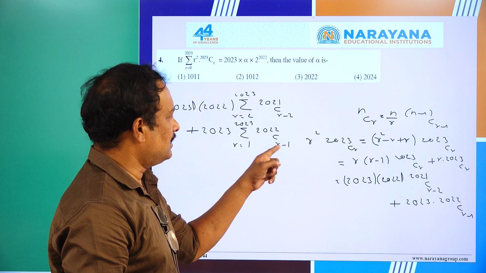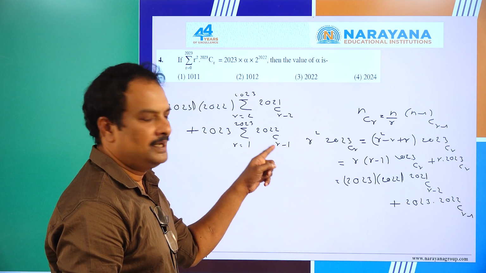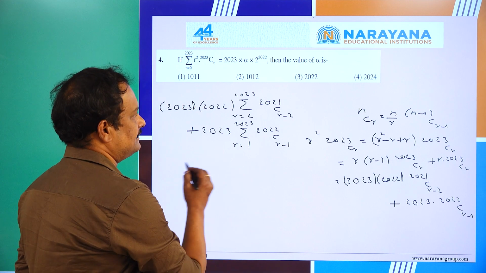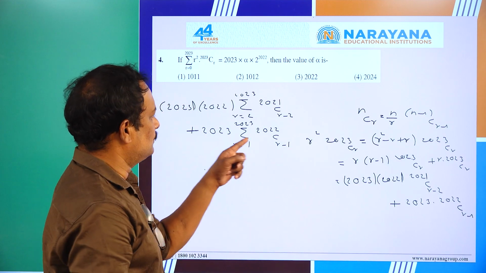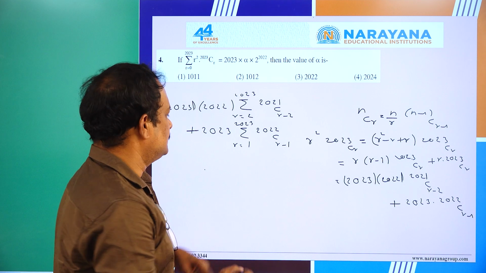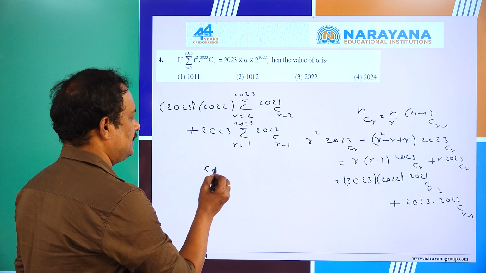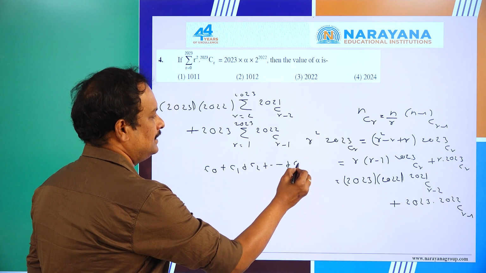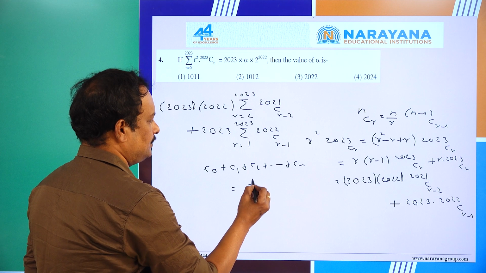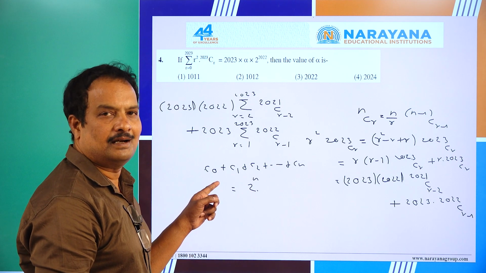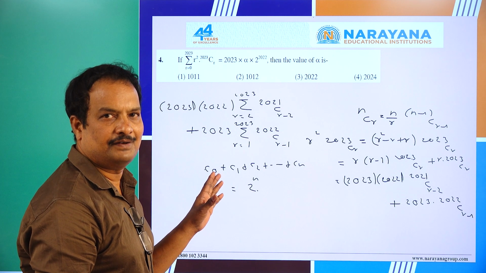That's why r is changing from 1 to 2023. Now straight away use this formula. When you go on substituting the values like r equal to 1, 2, 3 and so on, quite obviously you are going to get this formula, C0 plus C1 plus C2 and so on up to Cn, which is nothing but 2 power n. This is the formula we are supposed to apply, C0 plus C1 plus C2. This is one of the standard formulas, as you know.